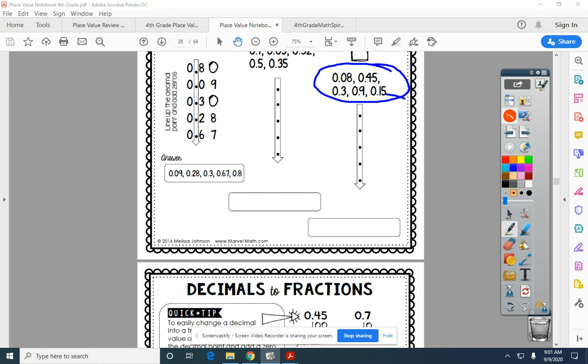Come on, Melody. Kids, they only have one number, so it looks like money. Put them in order.